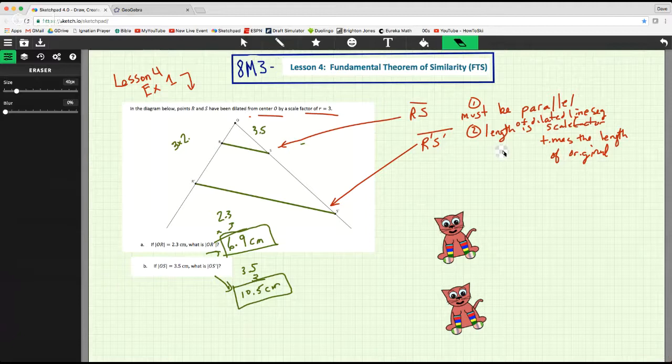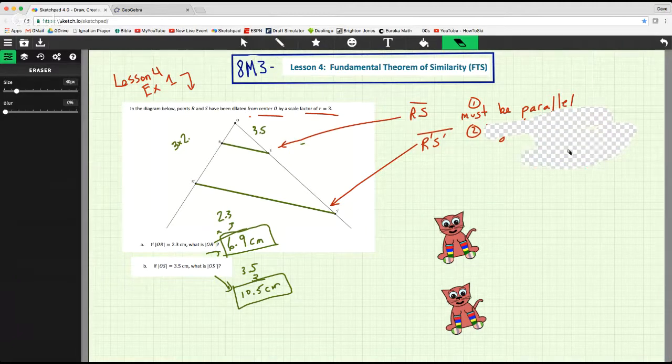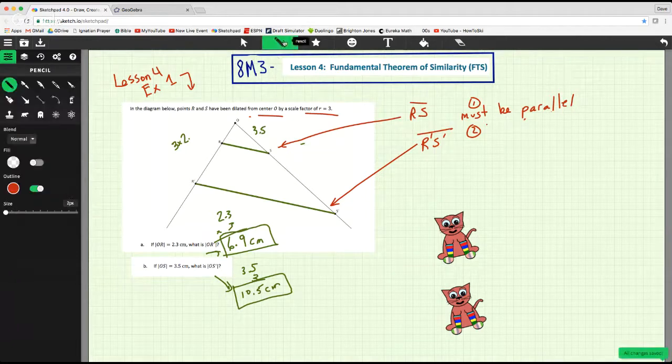You know what? Let's just write this all over again. If you want, just skip through the next 30 seconds. I'm just going to rewrite this neater for you.